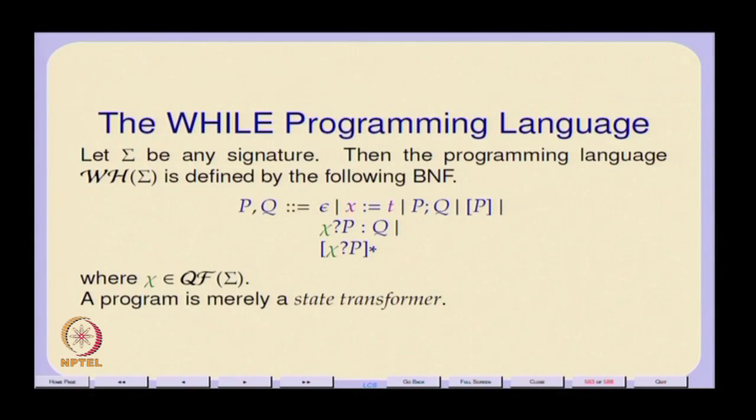Please do not mistake it for the semicolon in C, where the semicolon is a terminator of an instruction. Okay. So, you can think of that semicolon as part of every instruction. Every instruction can be thought of as a regular expression of the form something dot star ending with a semicolon in the case of C, whereas here the semicolon is actually an operator. It is a sequencing operator.